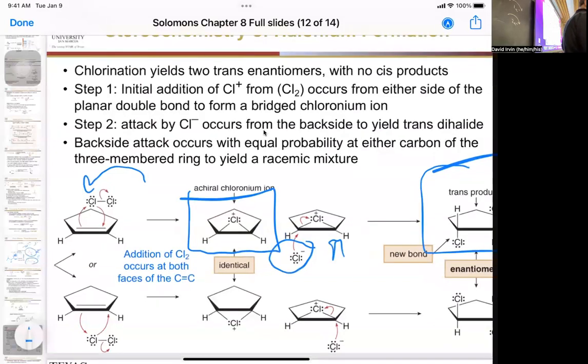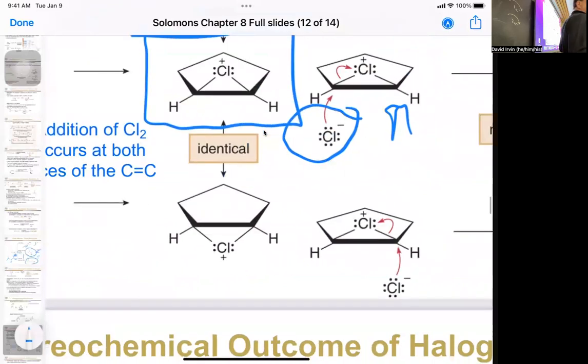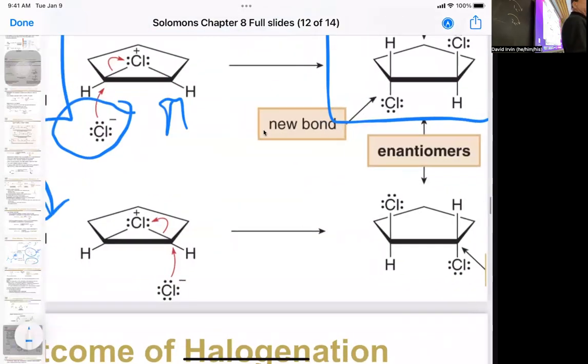Okay, so then what if it attacked from the bottom? Well, it can attack from the top or the bottom. It doesn't matter, right? Because it's a pi bond, it's on the top and bottom. So what you're going to end up with is it'll attack from the bottom. But guess what? You flip this over 180 degrees. It's exactly the same. So when we have attack by our chloride ion, we end up again with our trans product.